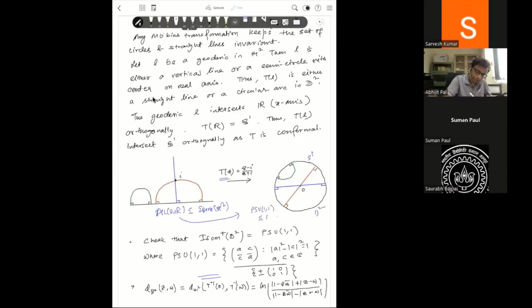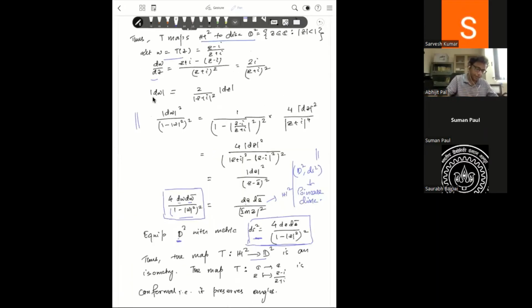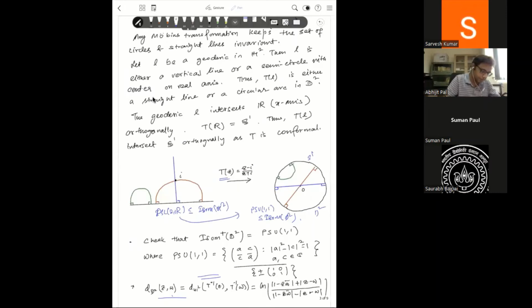This will be a subgroup of the isometries of this Poincaré disk. Okay, all right. I'll come back to the distance thing later. Maybe. So, any doubt?